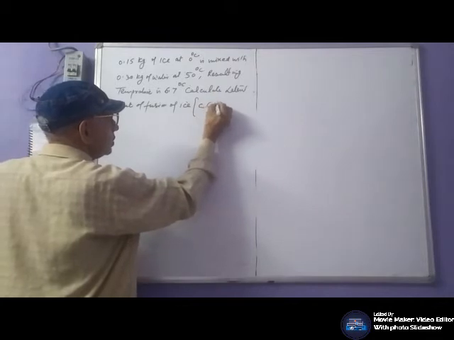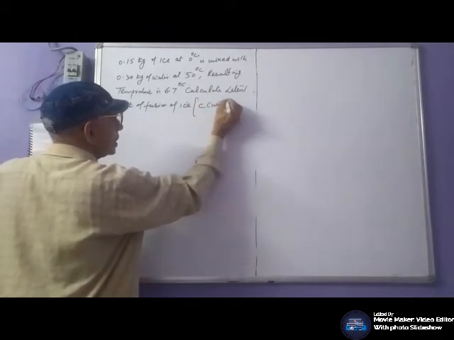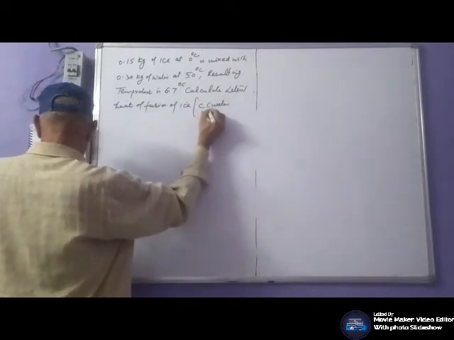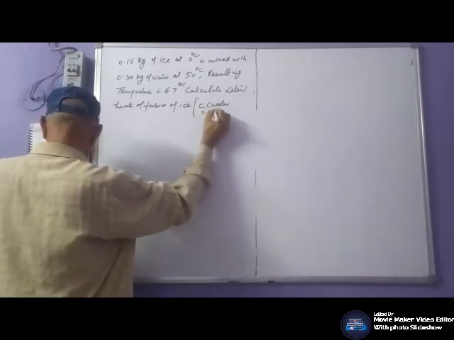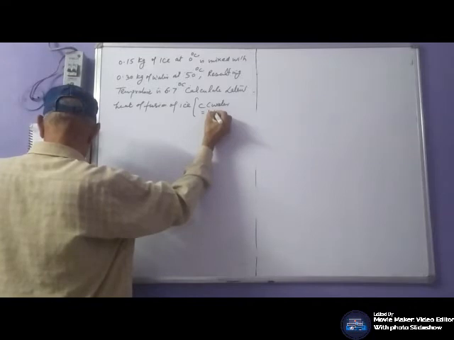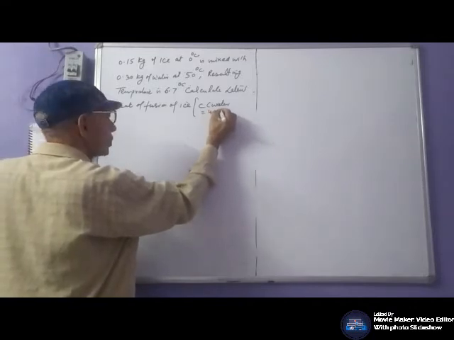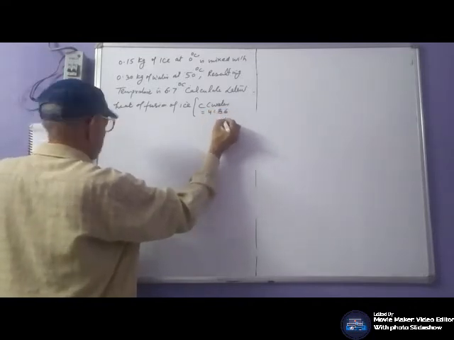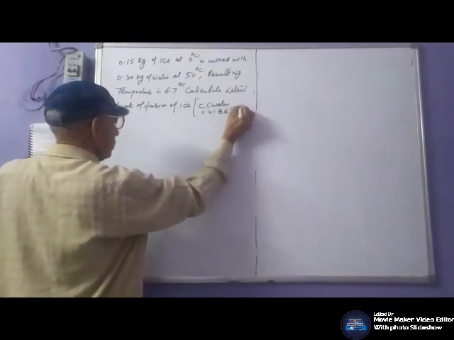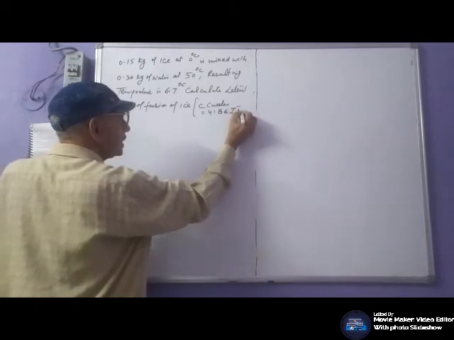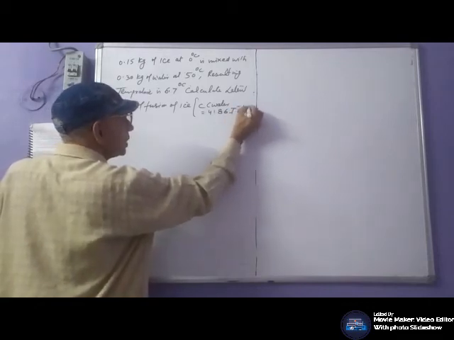Specific heat of water is 4186 joule per kg per Kelvin.